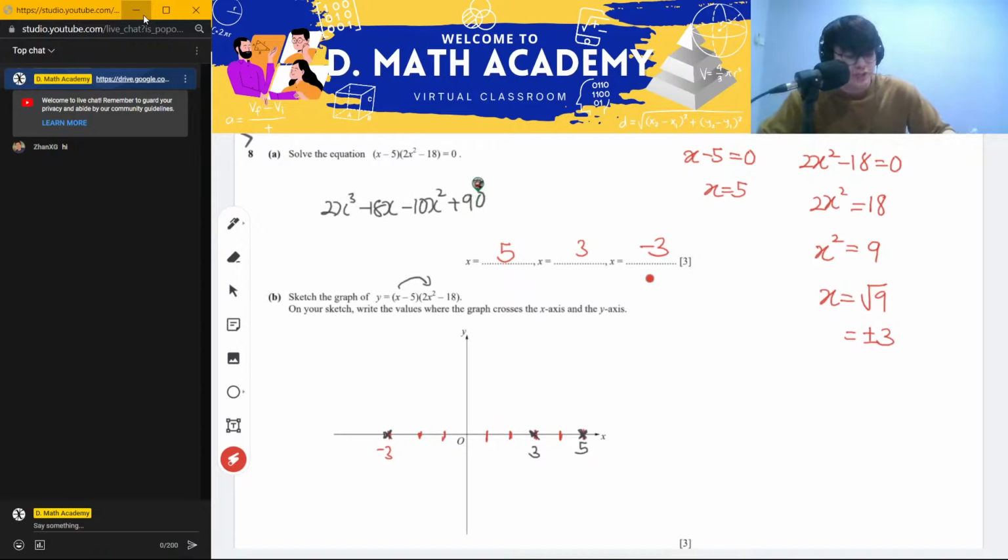When you readjust it according to their power, this is the cubic graph that you're dealing with at the moment. And with this 90 here, you will know how it will go.